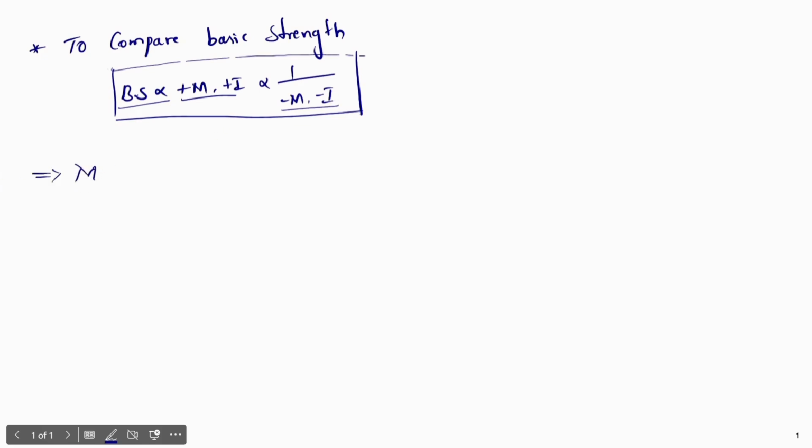Next, the more the availability of lone pair on nitrogen, the more will be the basic strength.